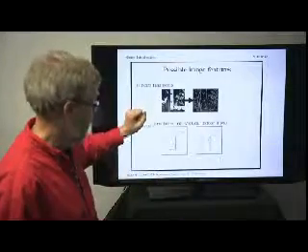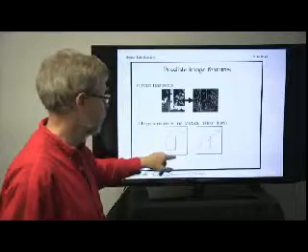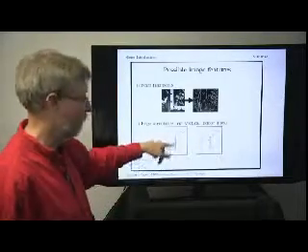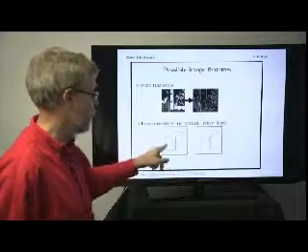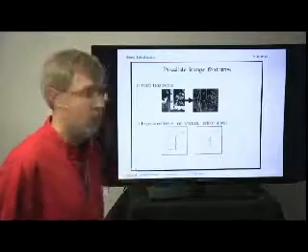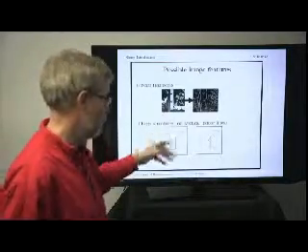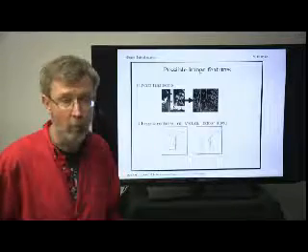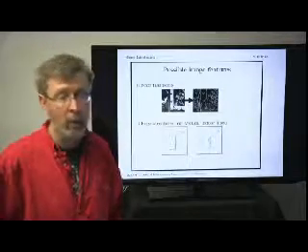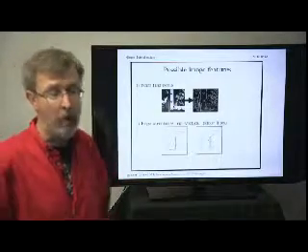Another feature that people have traditionally used is very large complete structures, like complete vertical lines, like I've shown here in this picture of the block, and they will match a couple of these large lines together. Now, of course, most of the world doesn't consist of blocks, but a lot of stereo systems are built for robots that work indoors. And when we work with built architecture, there are straight lines everywhere.